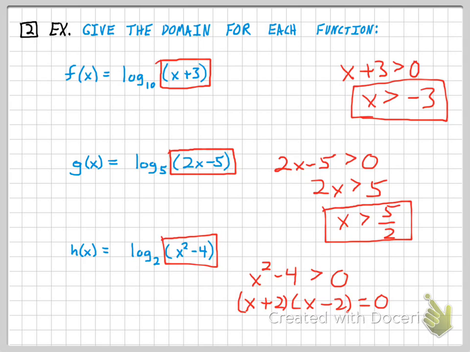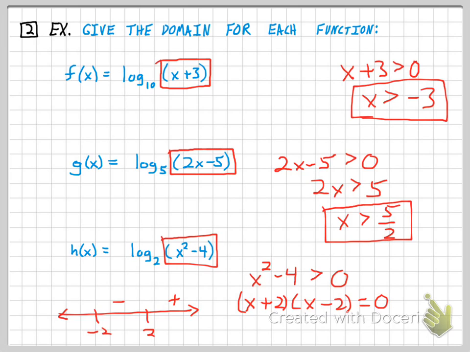The values that would make this equal to 0, I'm going to put those on a number line, are negative 2 and 2. If I do a little sign analysis, anything bigger than 2 when I plug it in here is going to give me a positive number. Anything between negative 2 and 2, like 0 for example, is going to give me a negative answer.